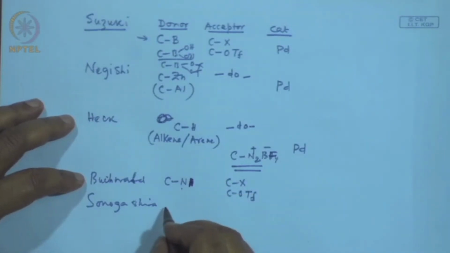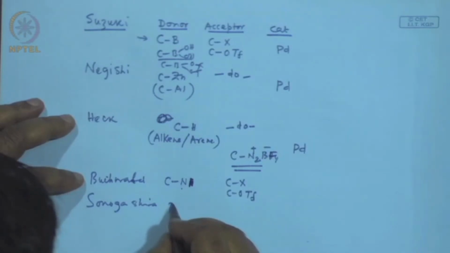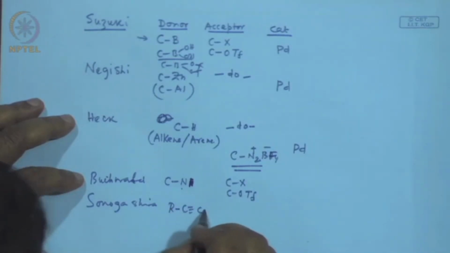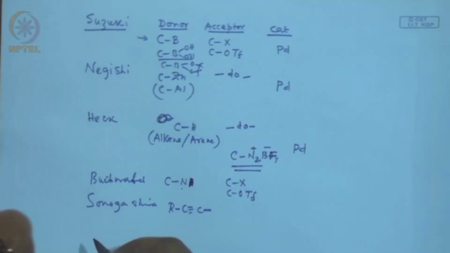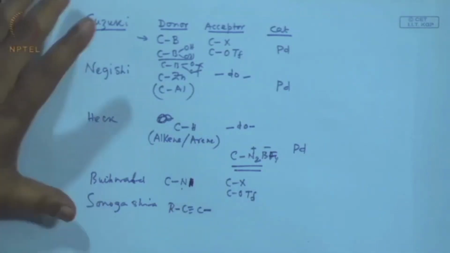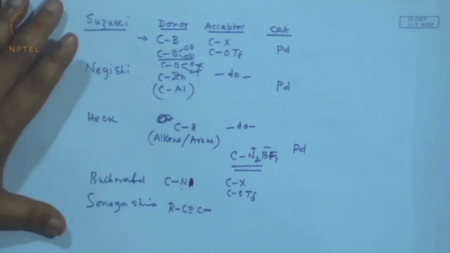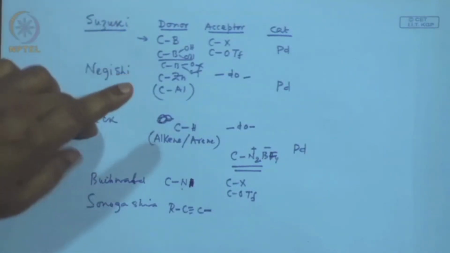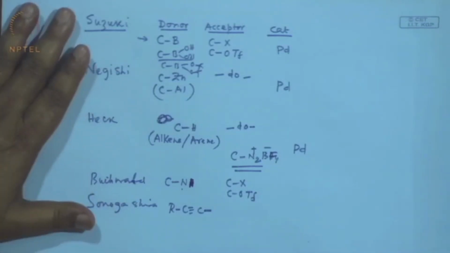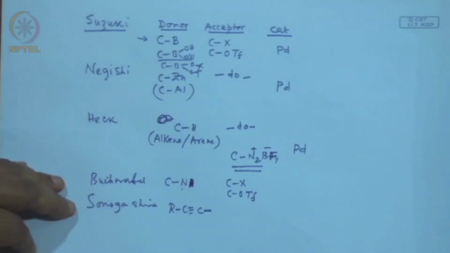Sonogashira, what is the donor? It is the corresponding acetylene compounds. That is it. So, I will not overburden you with other things, but these are the things I should say: 1, 2, 3, 4, 5. These 5 reactions are very useful in heterocyclic chemistry.